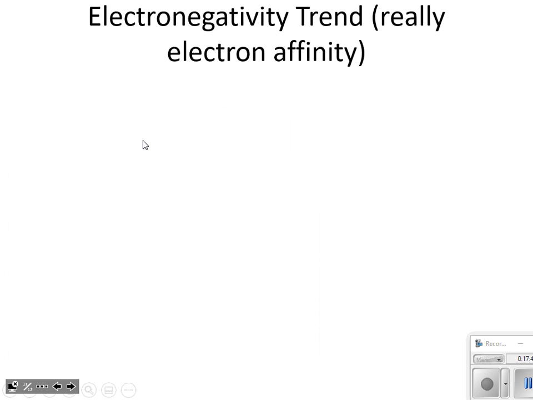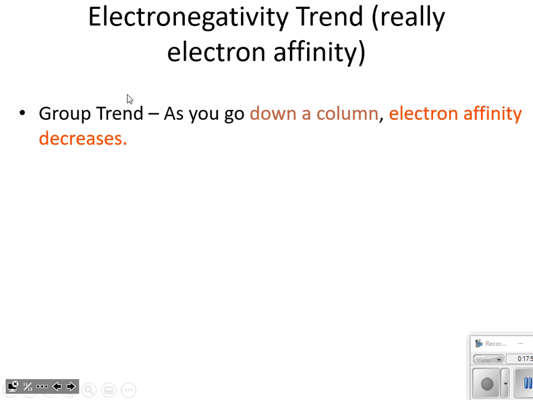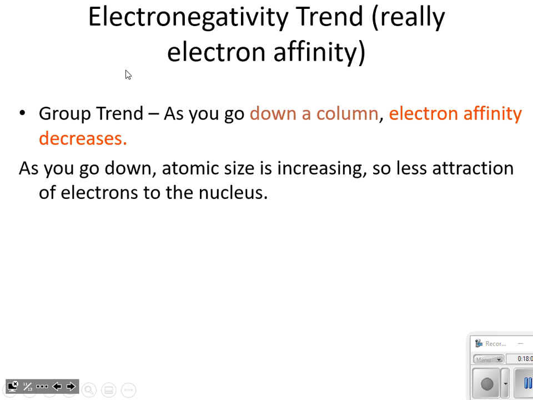So when we talk about trends in electronegativity, which is really the ability, the electron affinity, the ability to attract electrons, as you go down a column, the electron affinity will decrease. Okay?